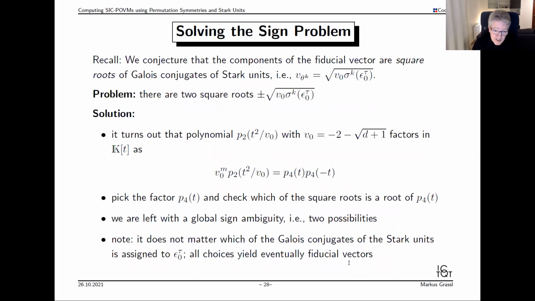I'm actually skipping that part in the interest of time. The caveat is that we need the square root of our elements instead of the elements. And taking the square root has two possibilities. But it turns out that we can get rid of that and have only one ambiguity in choosing a plus or minus sign in the end.